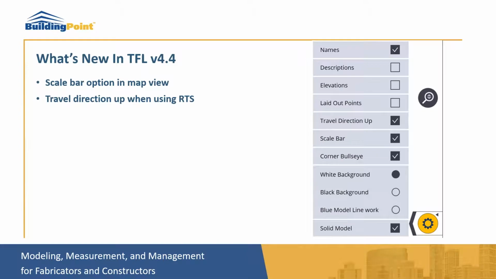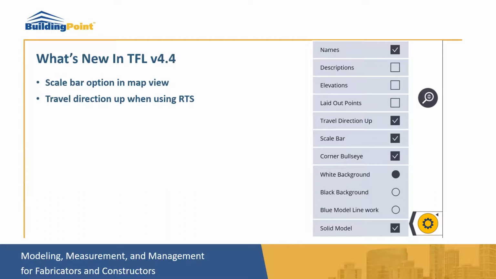The travel direction up when using a robotic total station was made available. Why am I saying it was made available? It was already available with GNSS or GPS systems, but now was added for the robotic total stations.